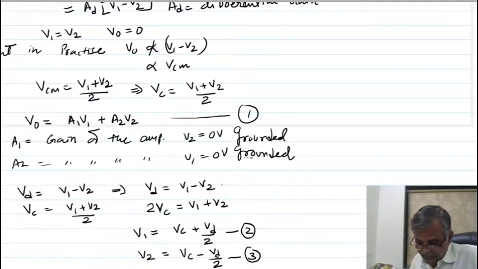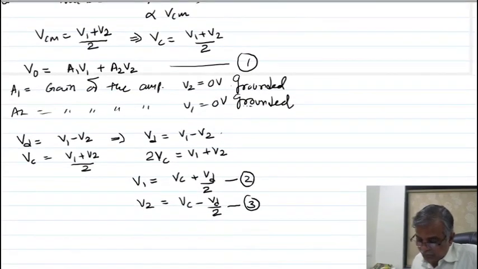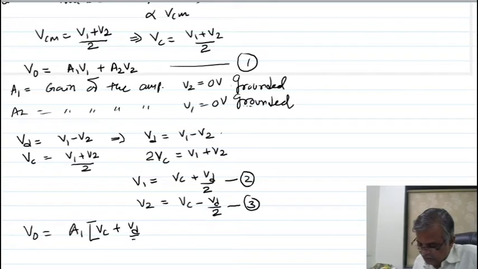Now I am putting the values of V1 and V2 from equations 2 and 3 into equation 1. So I am getting VO is equal to A1 into V1, which I can write as VC plus VD by 2, plus A2 into VC minus VD by 2.